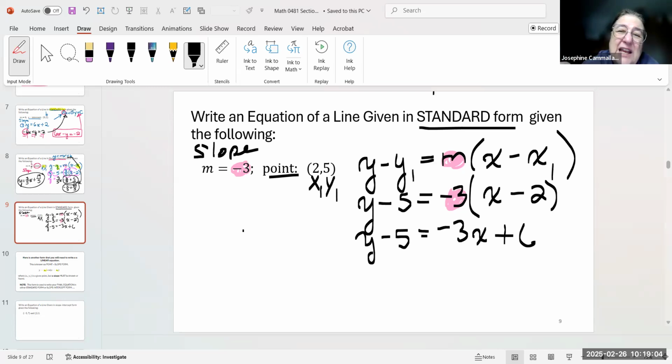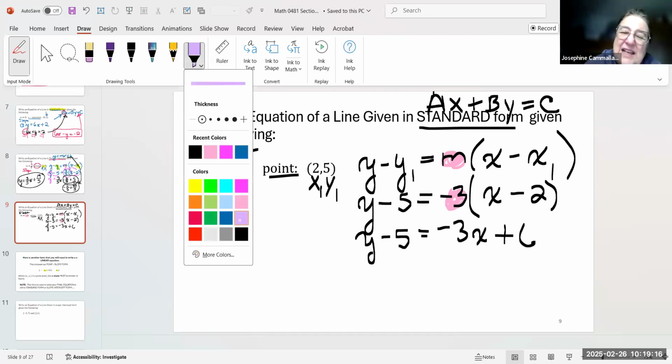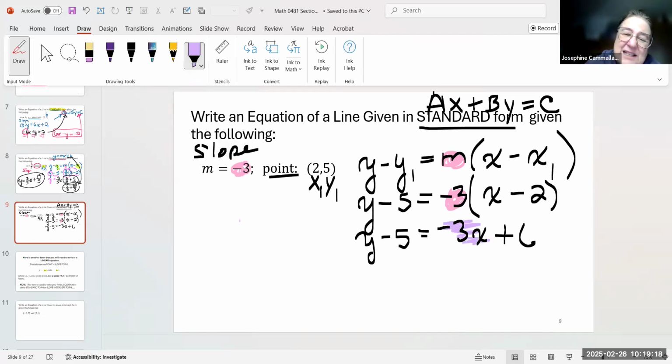But remember, standard form is ax plus by equals c. This negative 3x has got to come to this side because it's got to be on the by side.